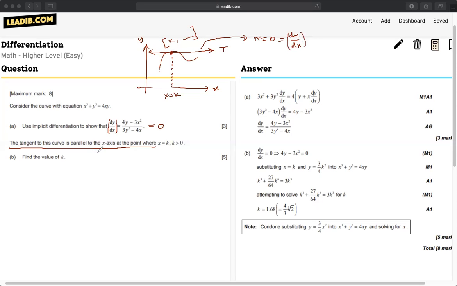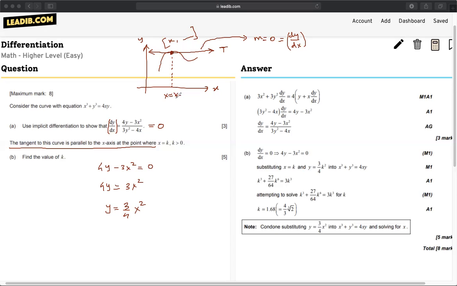As soon as I equate this to zero, I'll get 4y minus 3x square is equal to zero. We can simplify this. You'll get 4y is equal to 3x square, so y is 3 by 4 x square. This is the condition we got for the case where the tangent is horizontal.